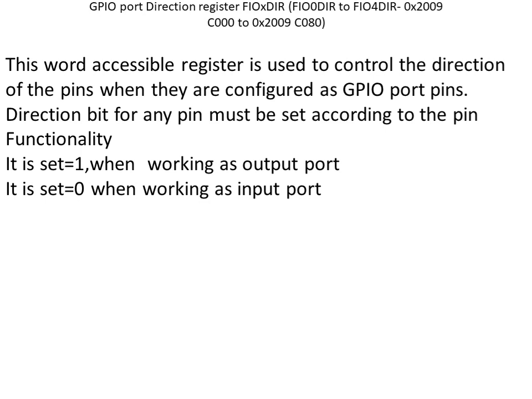If it is equal to 1, then that port acts like an output. If it is 0, then it acts like an input. Here we want to send the signal from the microcontroller to the CRO, so we are making port 0 bit 4 to port 0 bit 11 output ports for the DAC.